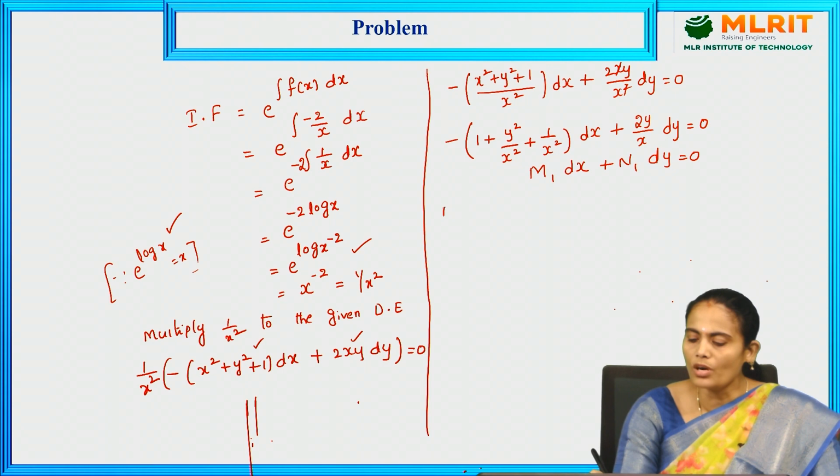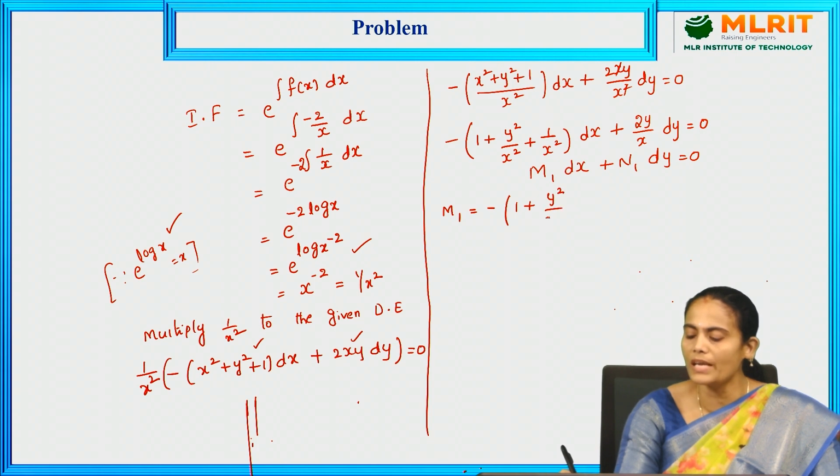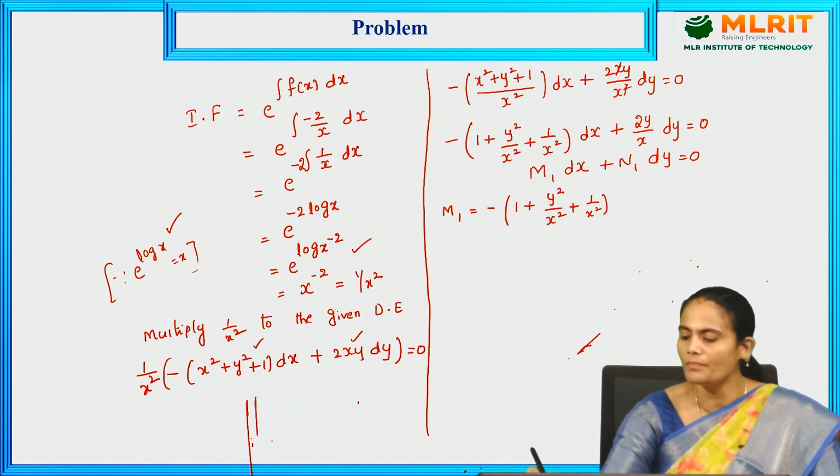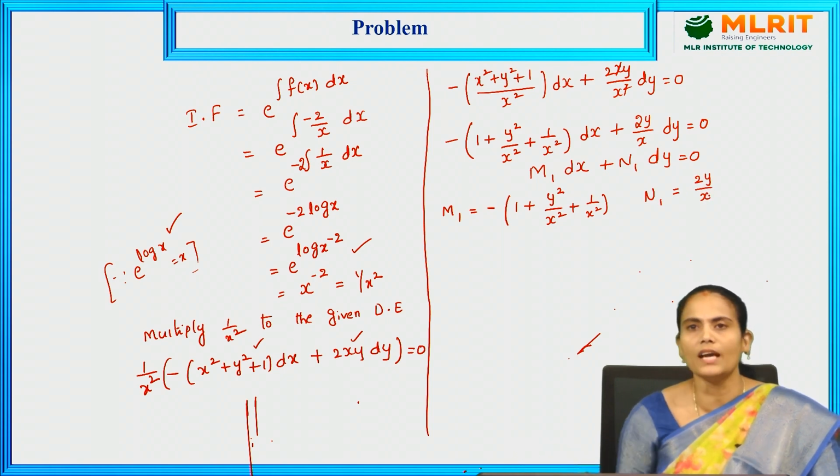So here what is M1? M1 is equal to minus of (1 plus y square by x square plus 1 by x square), and the N1 is 2y by x.